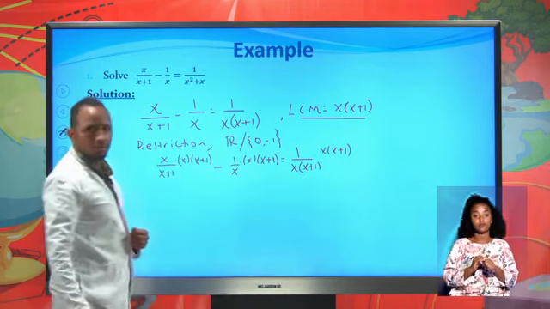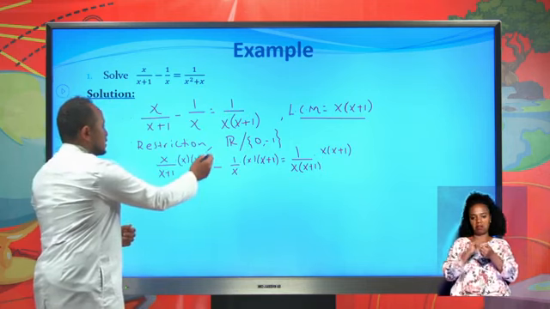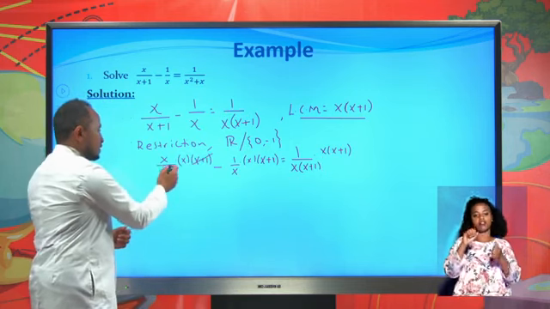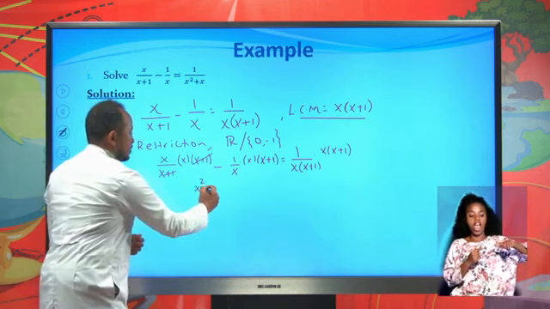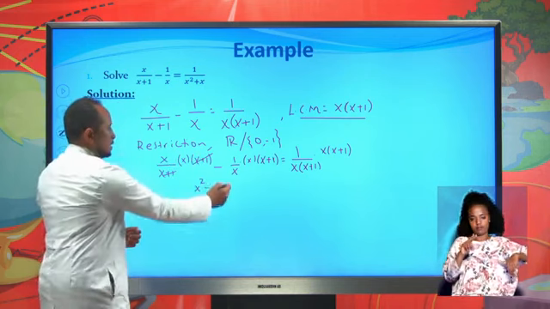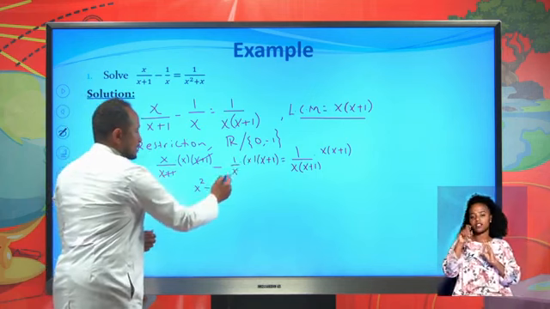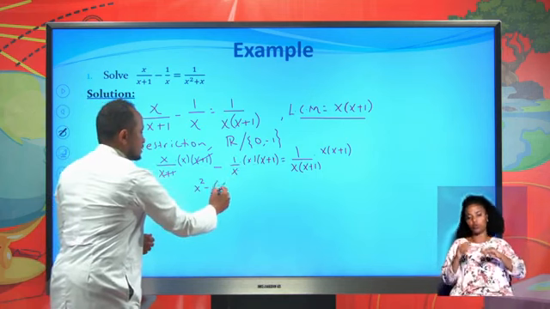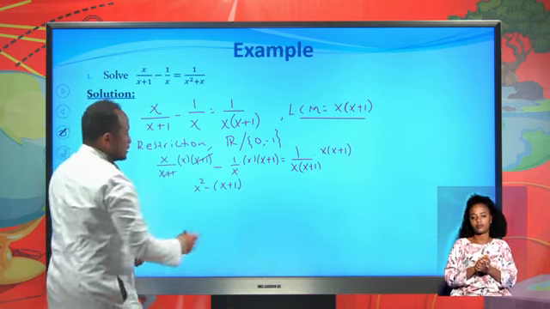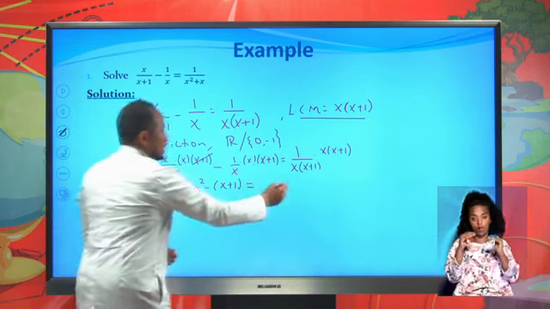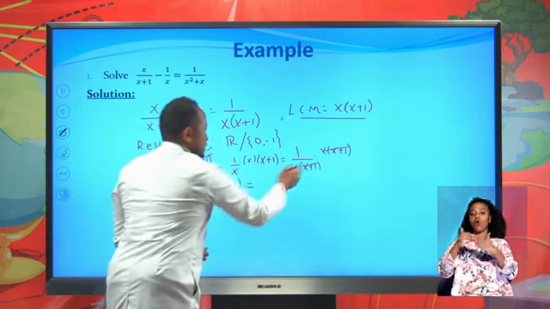Now let's simplify. When you simplify, x plus 1 cancels. x squared is remaining from x times x. Minus 1 over x times x times x plus 1 cancels by x, the remaining part is only x plus 1. This must be equal to 1, since this cancels by this.